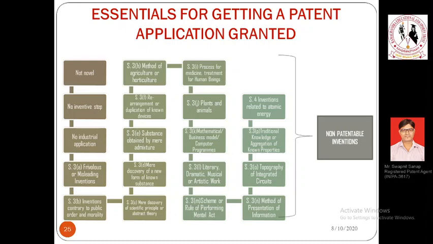Section 3F, rearrangement and duplication of known devices. They are not patentable. For example, I am having an umbrella and I am having a torch. Now I was fed up of keeping two things separately. What I did is I just fixed my battery to the umbrella.